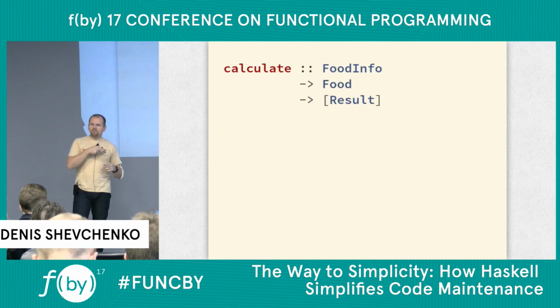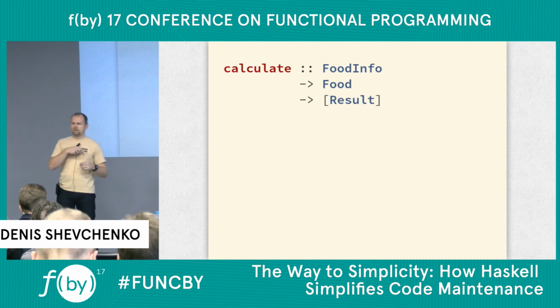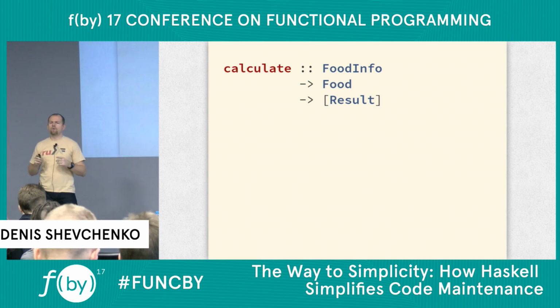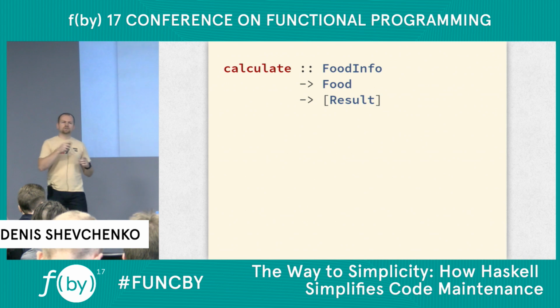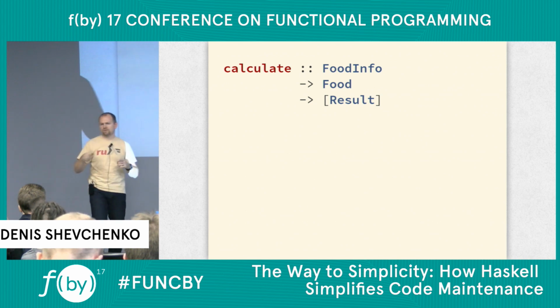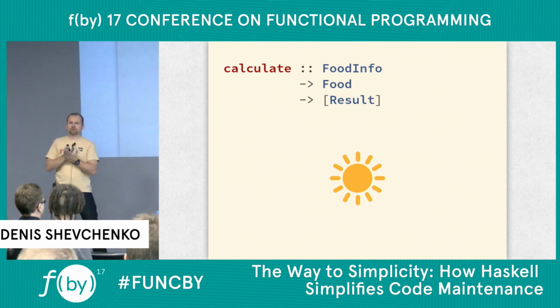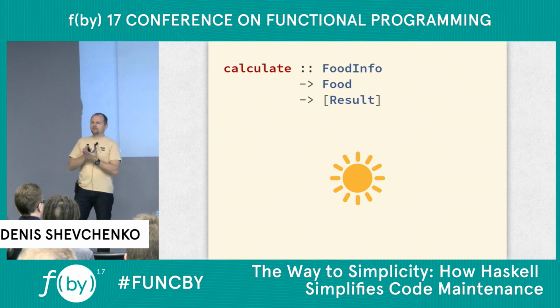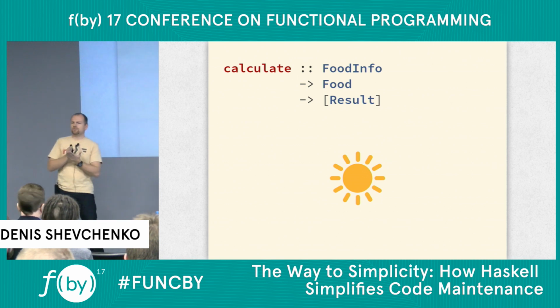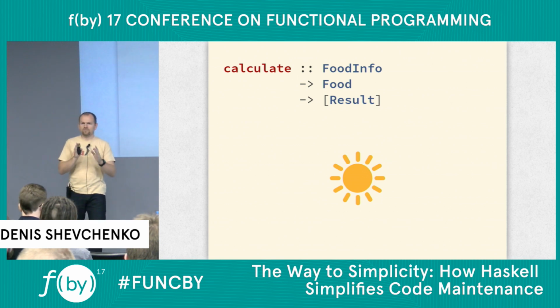This is the same function in Haskell. And if we know what the types FoodInfo, Food, and Result are, we can be sure that this function cannot contain any dangerous surprises for us. Why? Because this function is pure. What is a pure function?